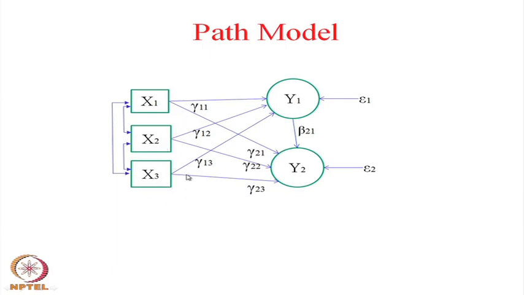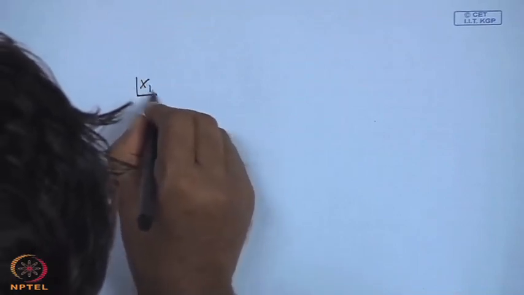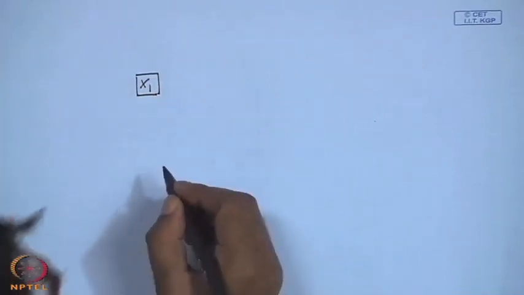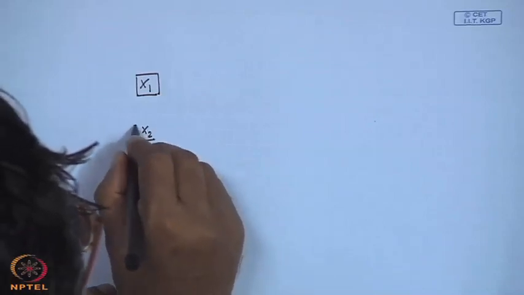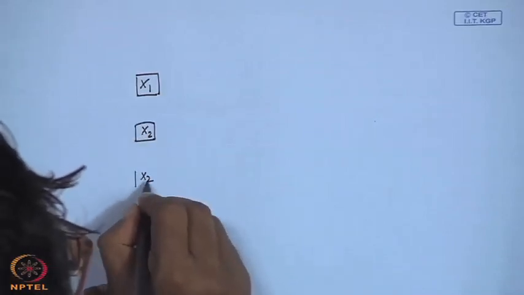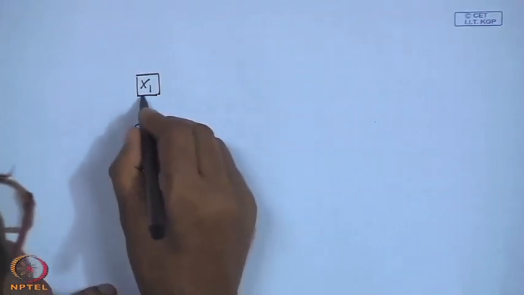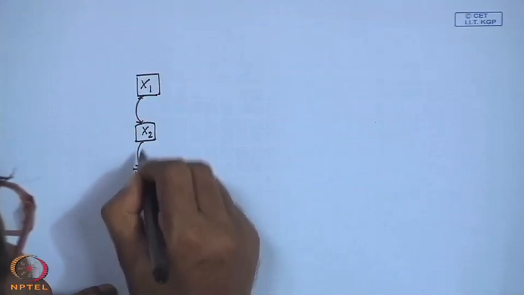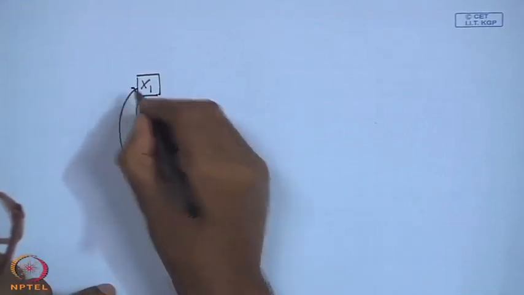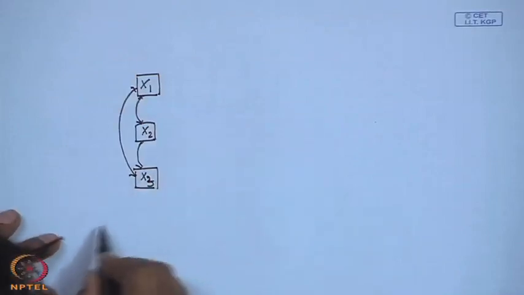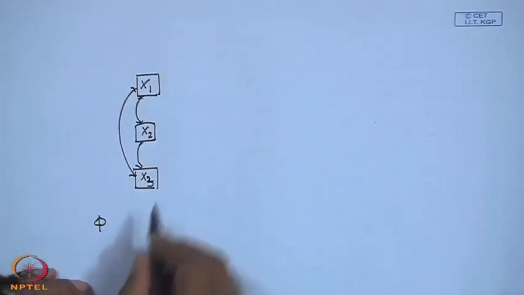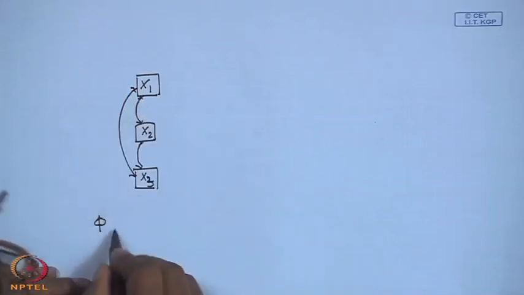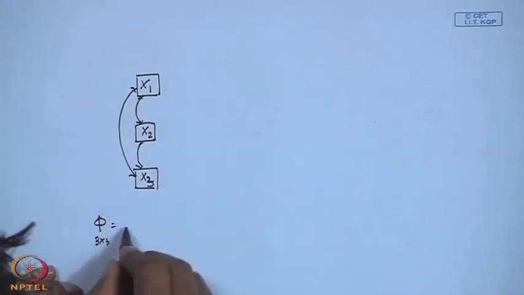Now, let us see the equation for this path model. We are deriving the equation for the given path model like this: x1 is an independent variable in this model, but correlated with other independent variables. This correlation can be captured through a matrix which is phi, a 3 cross 3 matrix.